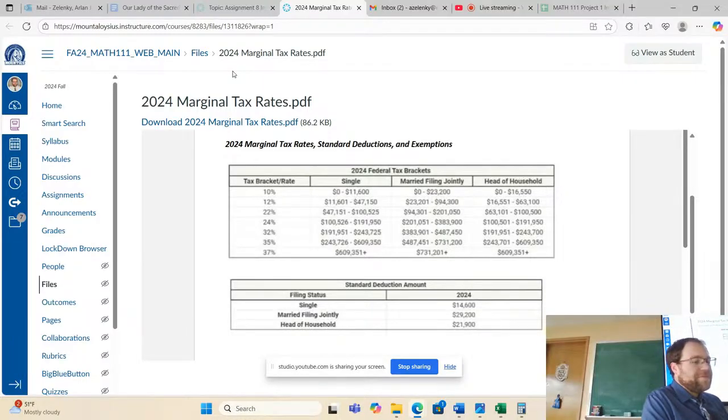So you would take 70,200 minus the 14,600 to get the taxable income number. So that should be something like 55 or 56,000. Somewhere in there.